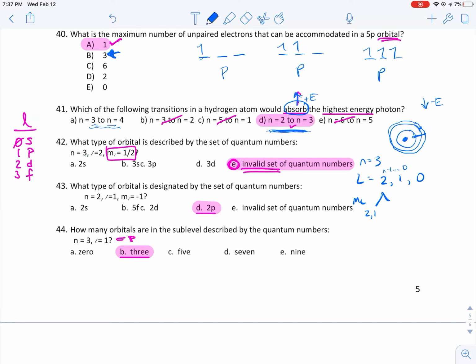Once you get to your M sub L, this could be positive 2, 1, 0, minus 1, minus 2. The M sub L for 1 is 1, 0, minus 1. And the M sub L for 0 is 0. You will notice that there's not a 1/2 in any of those. The only thing that can be a 1/2 is M sub S, and it can be positive 1/2 or negative 1/2.